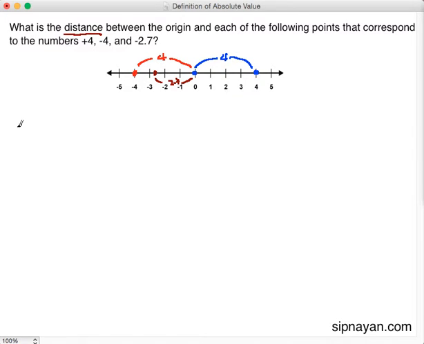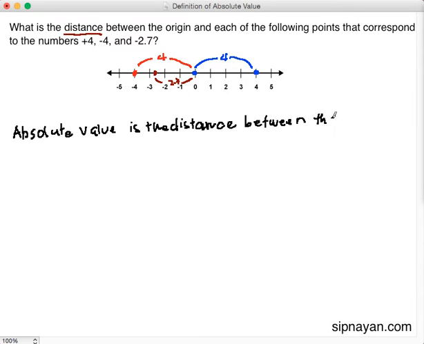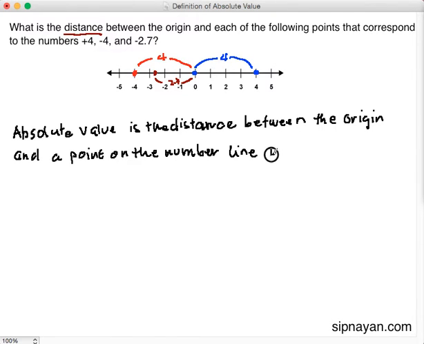So, absolute value is the distance between the origin, or between 0, of course, and a point on the number line that corresponds to a given number.